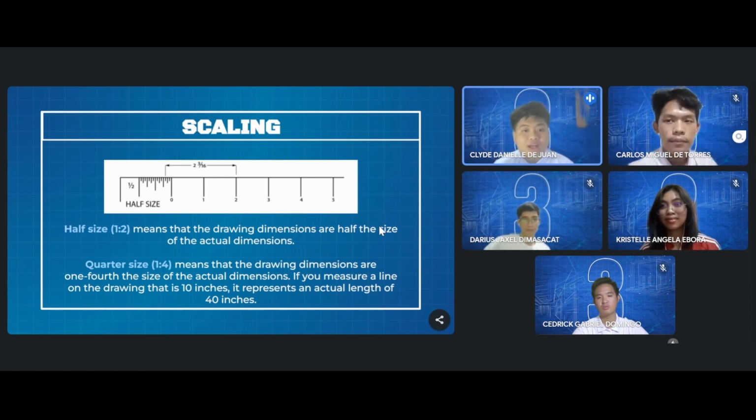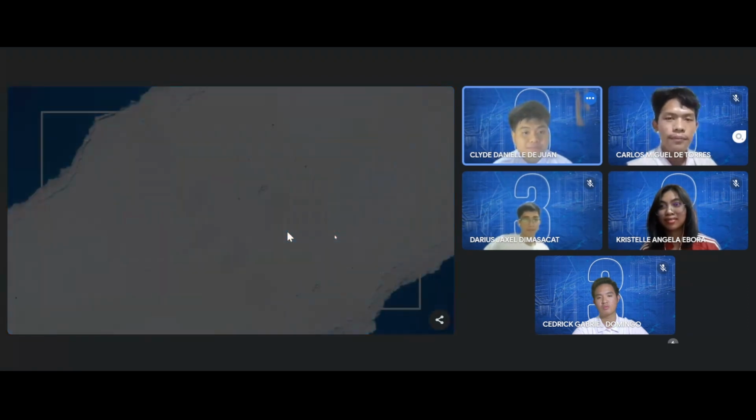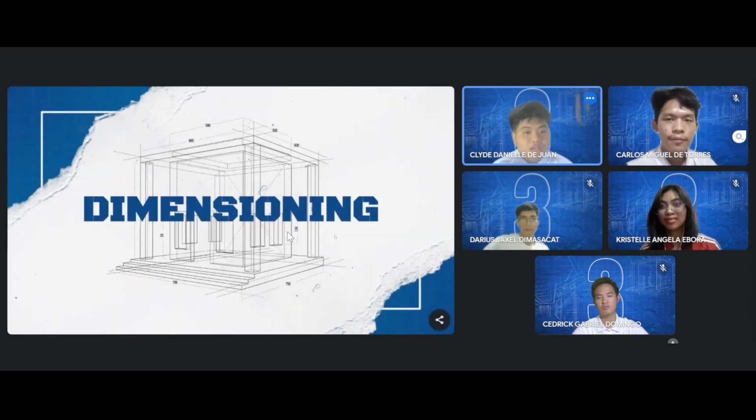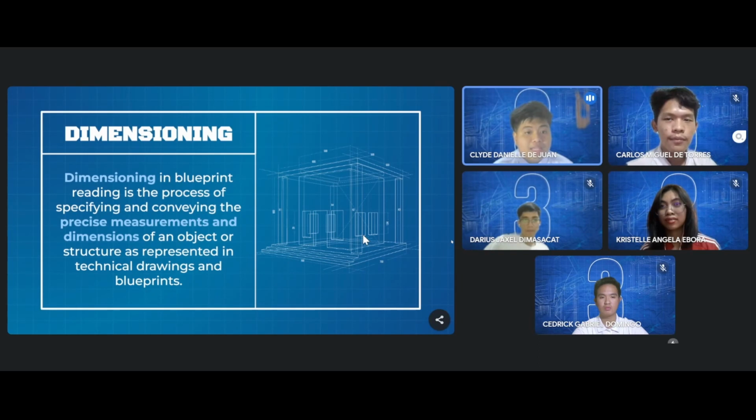Now, let's talk about dimensioning. So, what is dimensioning? Dimensioning in blueprint reading is the process of specifying and conveying the precise measurements and dimensions of an object or structure, as represented in technical drawings and blueprints.